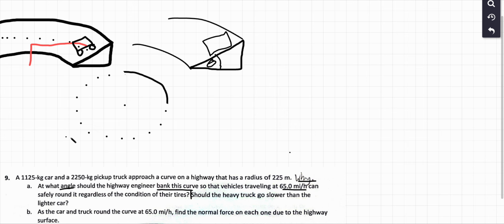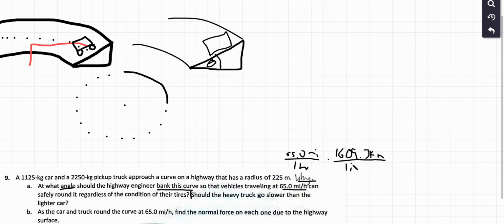Let's do that conversion real quick. 65.0 miles over 1 hour. For every 1 mile, it's 1,609.34 meters. Sorry, I hate using a mouse, but we're living with it.